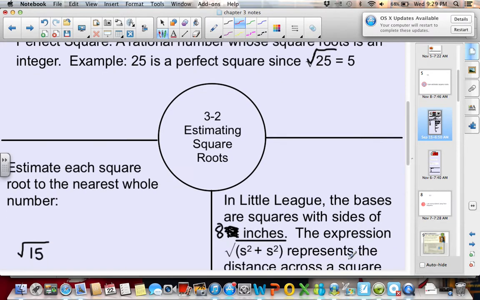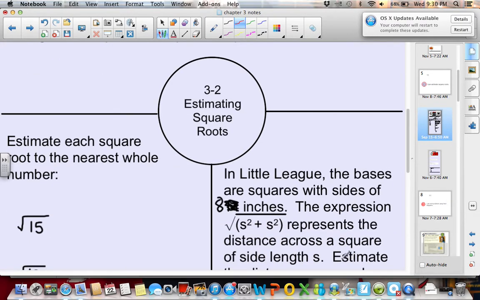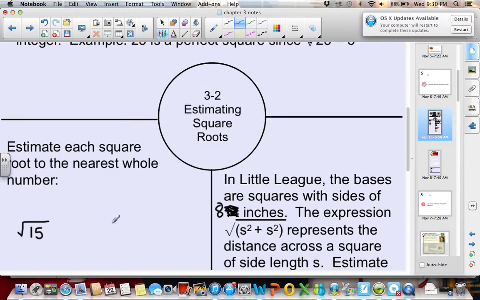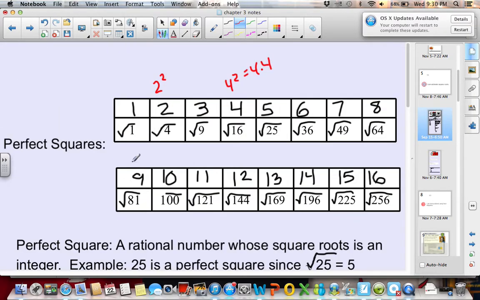So what happens when we're given a number to find the square root of and it's not a perfect square? Estimate each square root to the nearest whole number. So let's try to figure out what the square root of 15 would be. Well, if we look here at the square root of 1 and the square root of 4, we know that the square root of 2 and the square root of 3 are going to fall in between 1 and 2 somewhere.